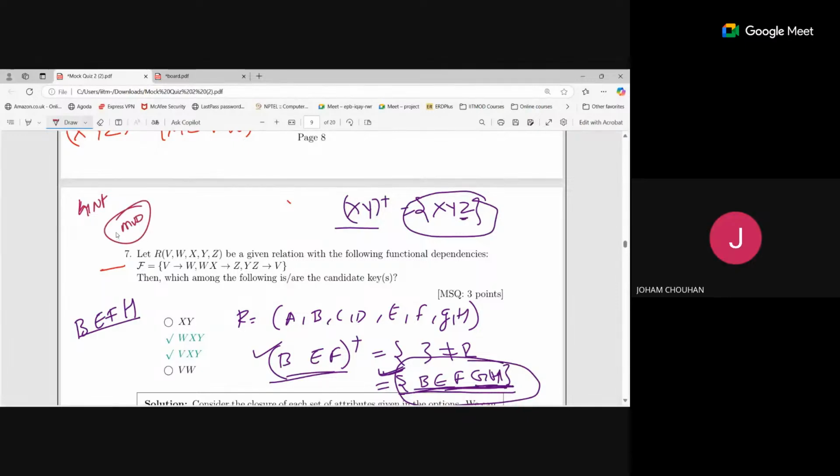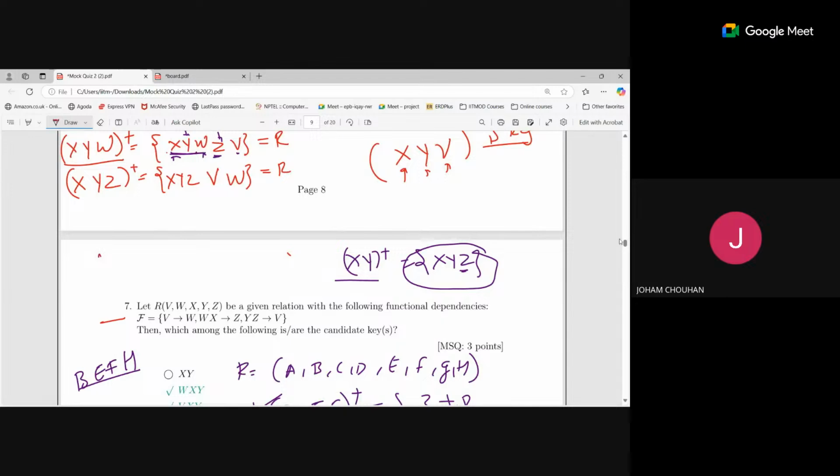Yeah. So we won't be asked to decompose if we want to go till 4NF. You can simply check if MVD exists or not. If MVD exists, then it is not in 4NF. That's it. Anyway, it will be an MCQ question, so you can eliminate options by checking whether MVD is present there or not.